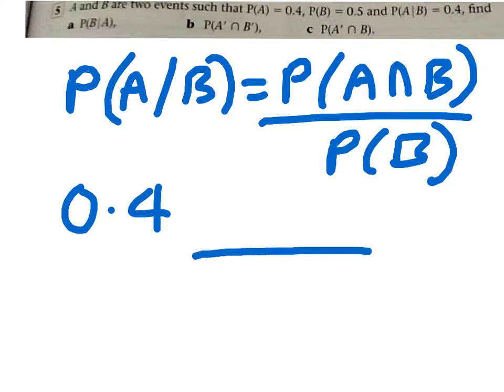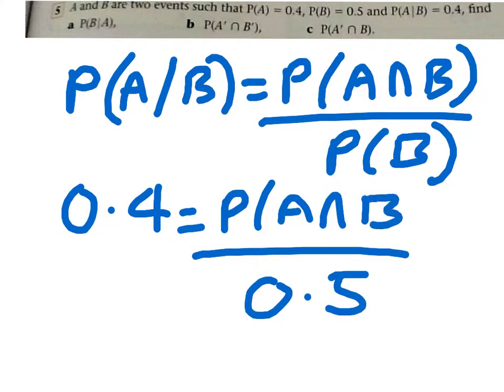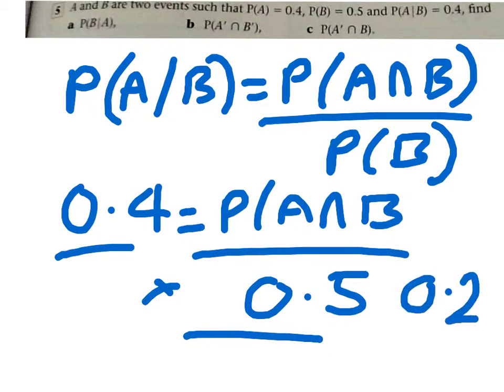Probability of B is given as 0.5. And this equals what we're looking for, A intersection B. So you're simply going to do 0.4 times 0.5, which is 0.2, and you've got your first answer.